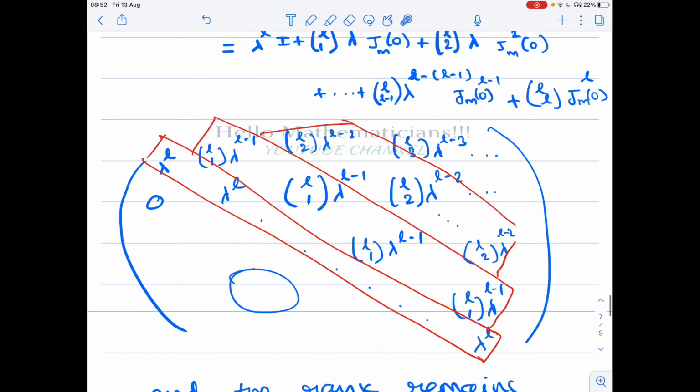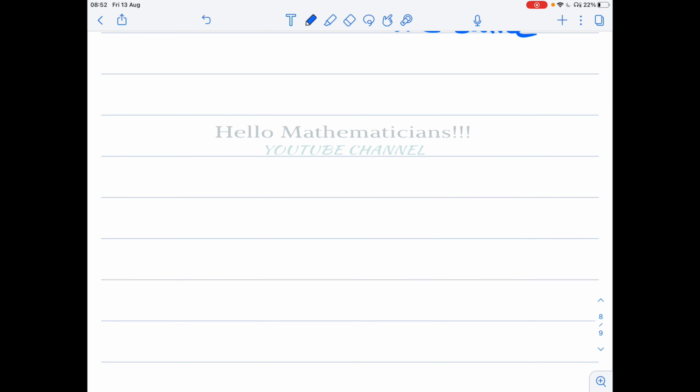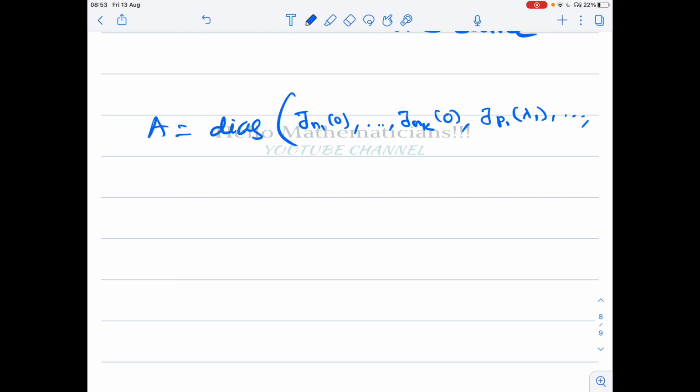Now we look at an arbitrary matrix A. It will have, suppose, Jordan blocks Jn1 of 0, etc., Jnk of 0, then Jp1 of lambda 1, etc., Jpl of some lambda L. So in an arbitrary matrix, some blocks will be 0 blocks and some blocks will correspond to non-zero eigenvalues.